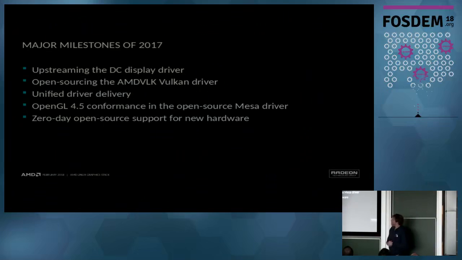We achieved conformance on OpenGL 4.5 in the open source Mesa driver, and we managed, and continue to manage, and have been doing that for some time, to deliver zero-day support for new hardware in open source drivers. There are some caveats, I'll get to that, but there was a release in open source and you could get it to work.